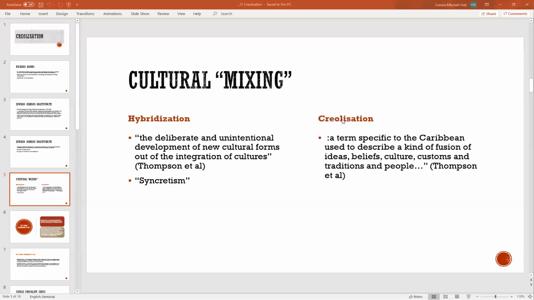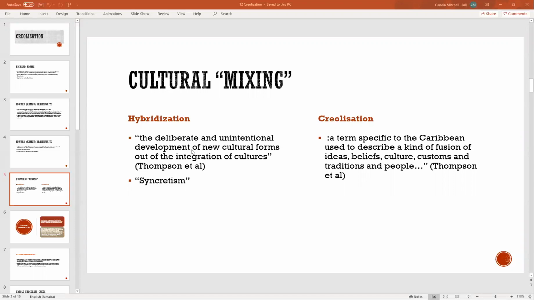However, Brathwaite created this concept of creolization in reference to the cultural mixture that took place in the Caribbean, in particular Jamaica at the time. So creolization is really used in relation to the Caribbean. It is not used for cultural mixing in, for example, Canada or Europe or the United States or even Brazil.